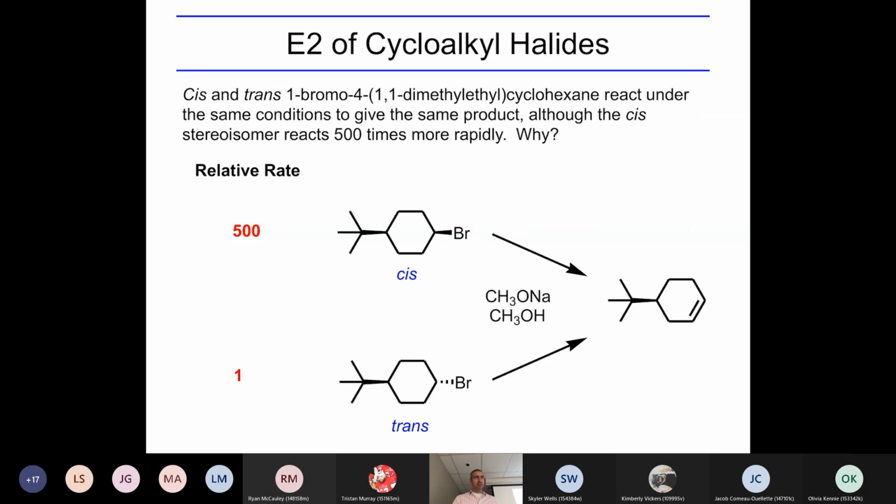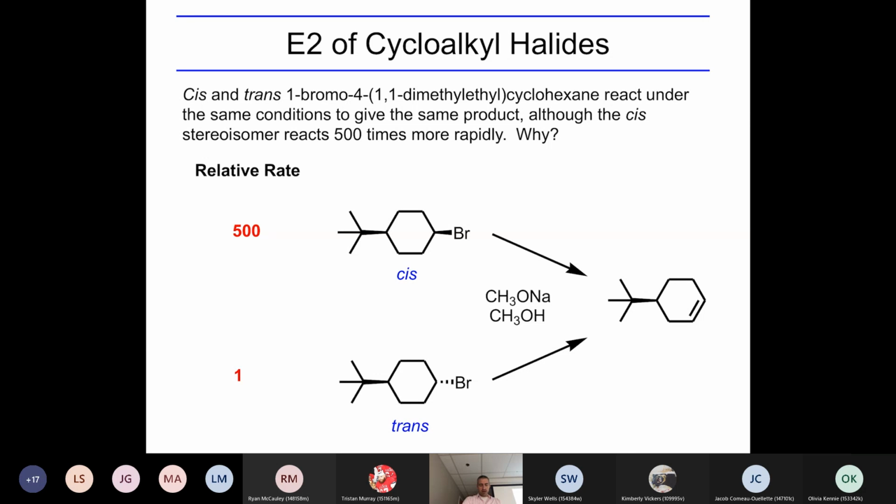Okay. Last wrench, I promise, in this whole unit. Something weird happens when you're on cyclohexanes. These are 2 stereoisomers, the cis and trans isomers of 4-tert-butyl bromocyclohexane.